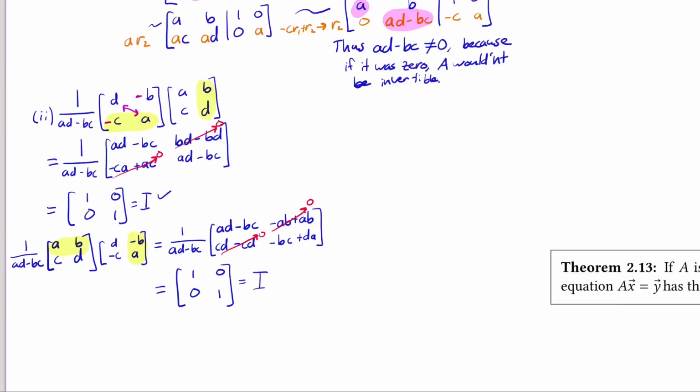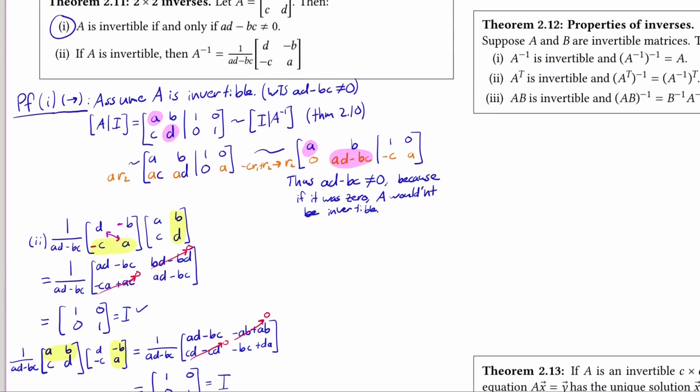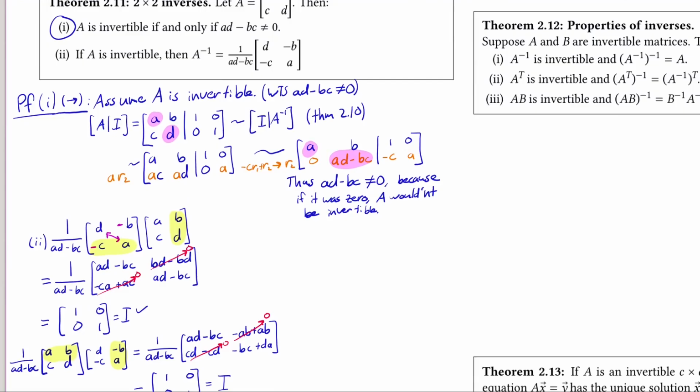So this is kind of a weird proof because we're proving these two statements at the same time. Just assuming that A is invertible means that this thing, ad minus bc, is not 0. And then from there, that means we can define this matrix like so, with this denominator in it that's not 0.